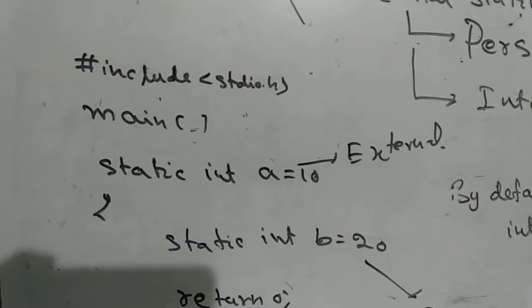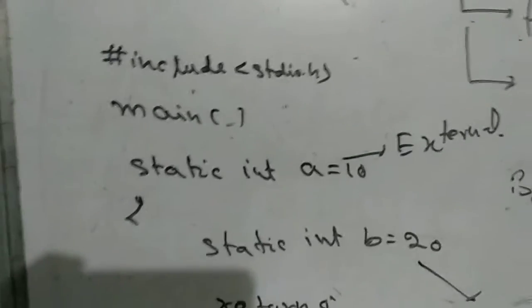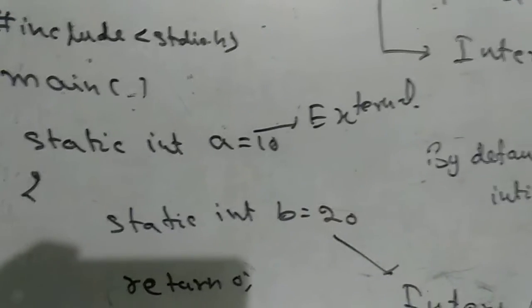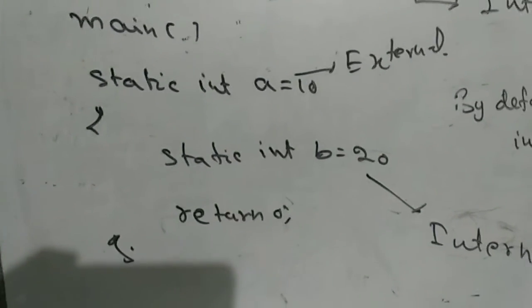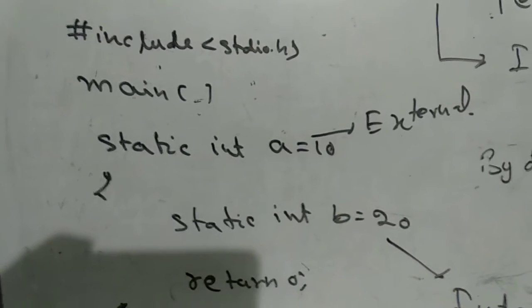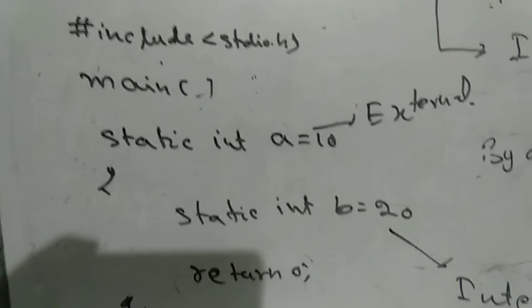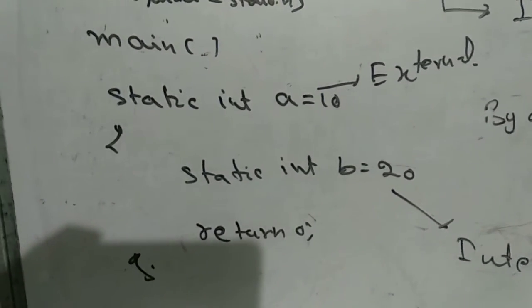Suppose in a program with main, I declare static int a = 10 outside, and inside main static int b = 20 and return 0. Here static int a = 10 is the external static variable, which has file scope and linkage, and static int b = 20 is an internal static variable.